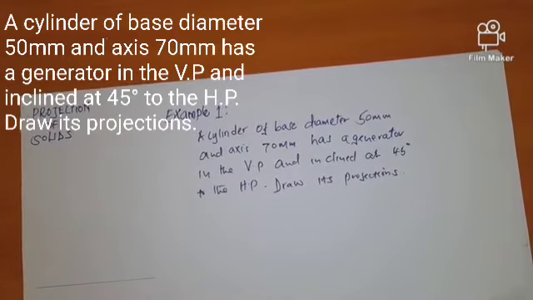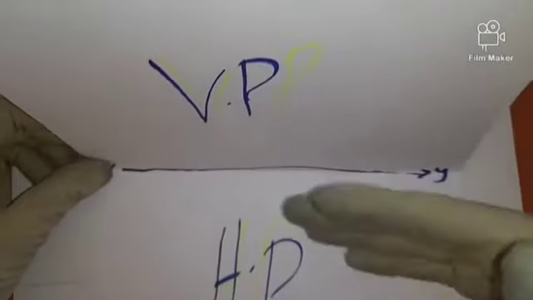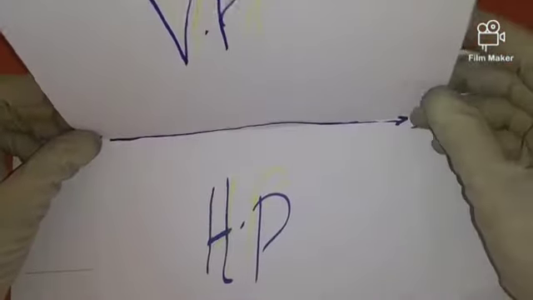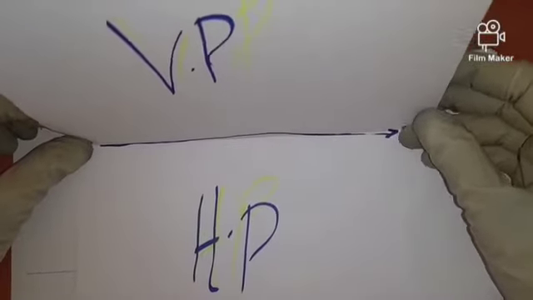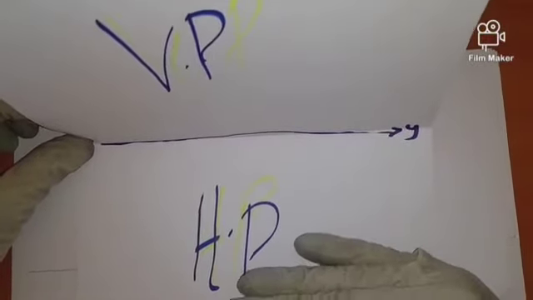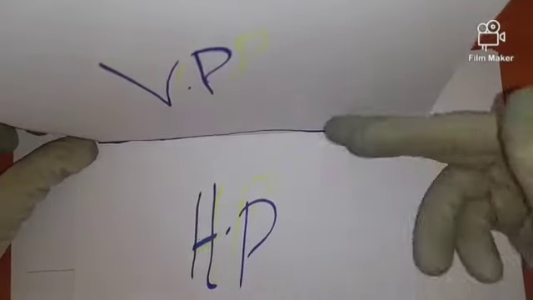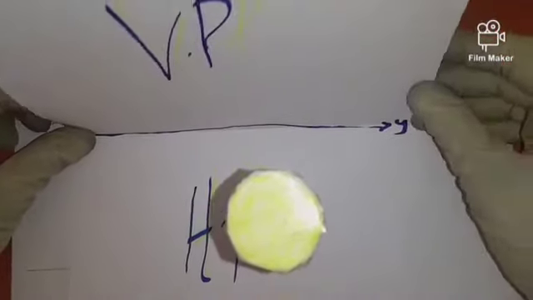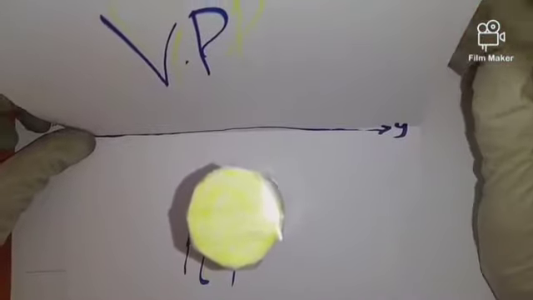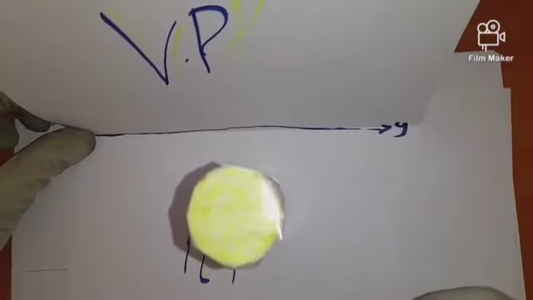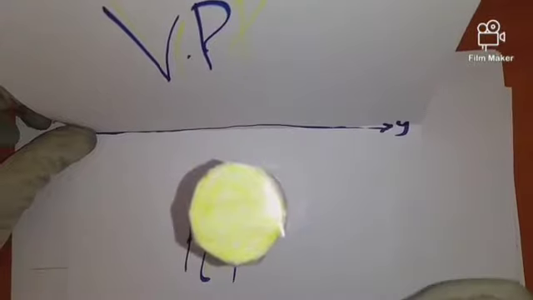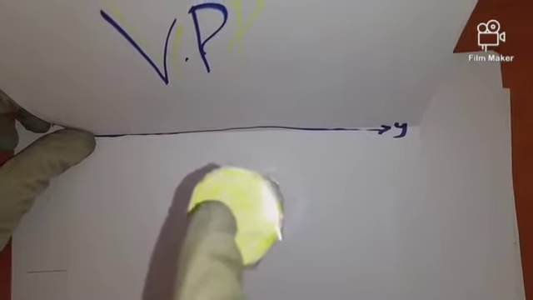Now, I have an example here of an illustration. This one becomes our vertical plane and this one is our horizontal plane. If we put an object on top of it, we get to understand that the vertical plane and the horizontal plane are two planes that meet at 90 degrees, that is this angle here. If we place a cylindrical object here as it is, a cylinder has an axis at the central point, this midpoint.